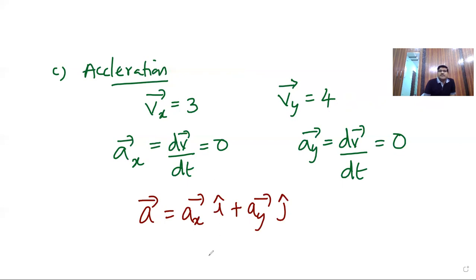This is the expression, the vectorial form. But both are 0. Ax is 0 i bar plus ay is also 0 j bar. So magnitude of acceleration is also 0.